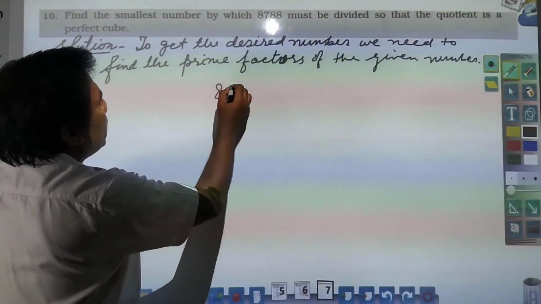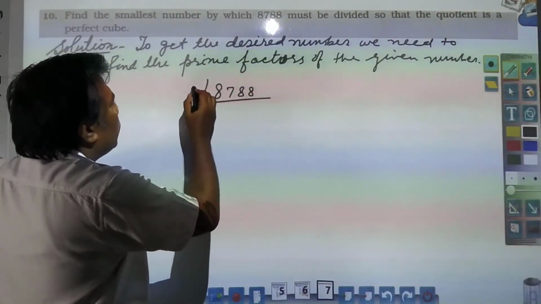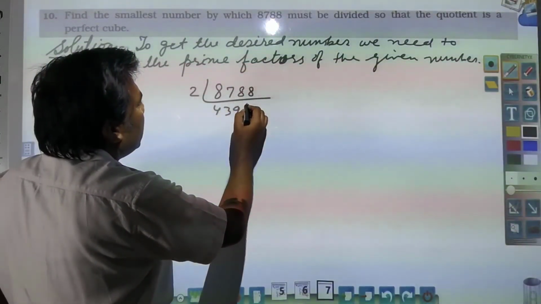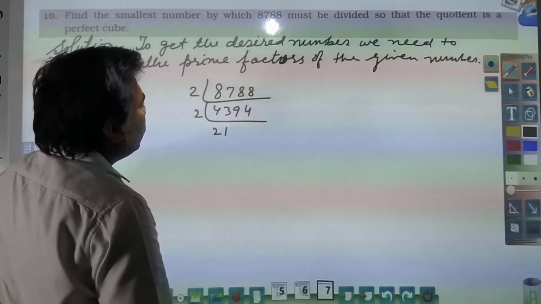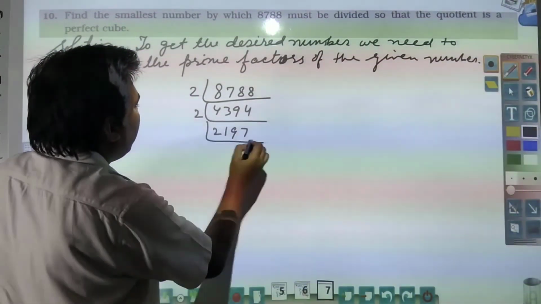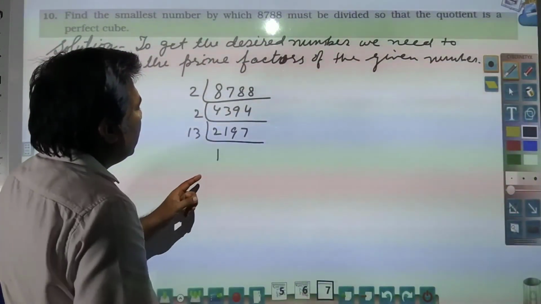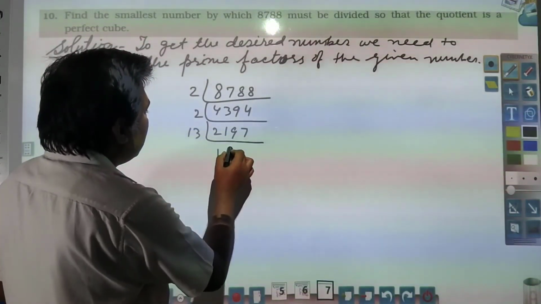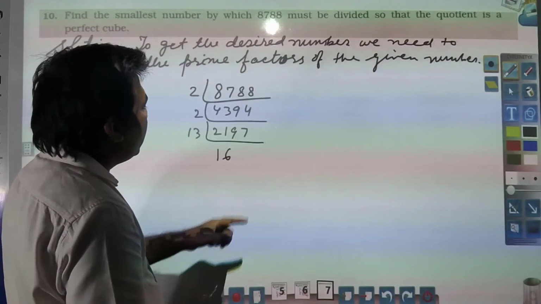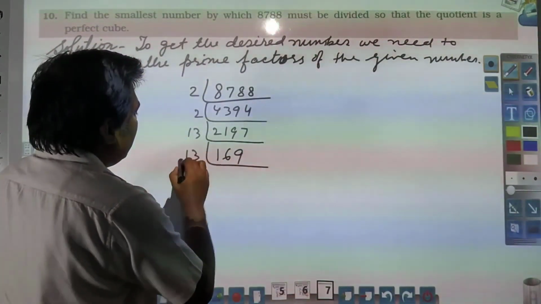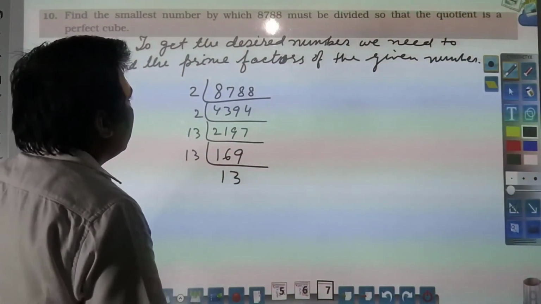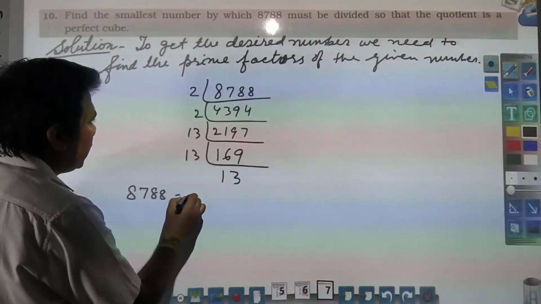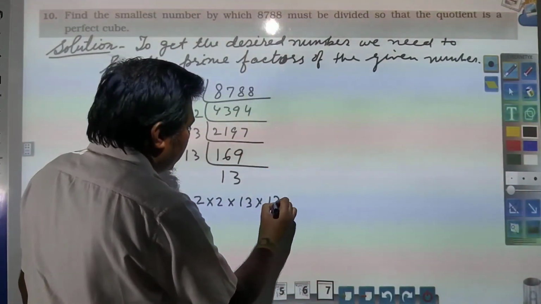Here your number is 8788. Just divide it: by 2 to get 4394, by 2 again to get 2197, then by 13 to get 169, then by 13 to get 13, and by 13 to get 1. So 8788 can be expressed as 2 into 2 into 13 into 13 into 13.